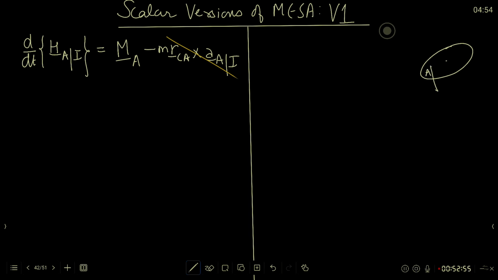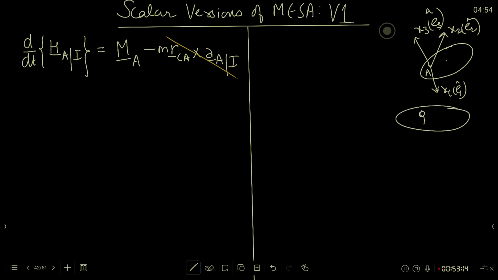Somehow we have found the p-axis. This is I. Our observer is sitting here.